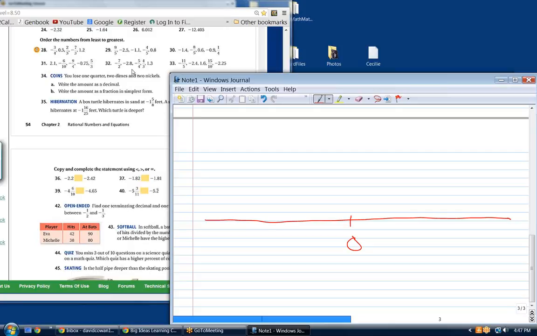I need to write this down really quick. And then next would be negative 2.8. And what decimal is minus 5/4? Minus 5/4 would be negative 1.25. Okay. So that comes next.